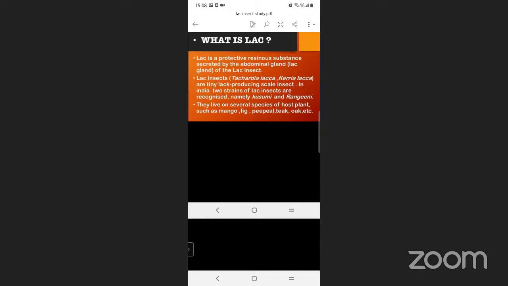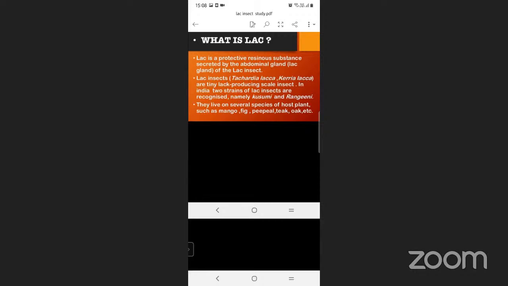The lac insect, Tachardia lacca or Kerria lacca, is a tiny lac-producing scale insect. In India, two strains of lac insects are recognized, namely Kusumi and Rangini. These are the common names, which the people who collect them always use.